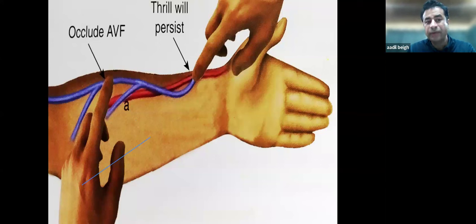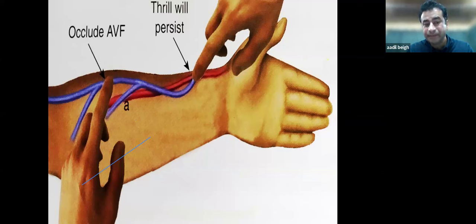Collateral veins are formed when there is a stenosis. So when there is a pulse, you have not occluded the segment, and you can see veins along the fistula vein, that means there are collaterals.